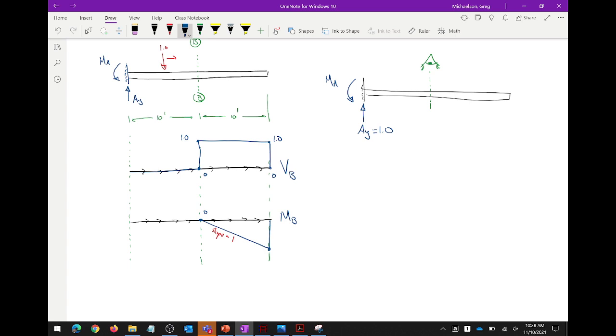Negative. There you go. Now, why am I drawing the internal response negative? Because no matter where I place that load, the beam is wanting to frown. Negative bending moment.